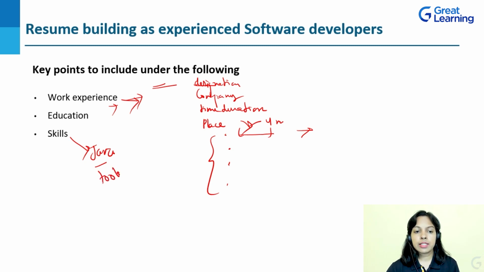If you are writing some tools in the skill section, for example, that you know Unity 3D, and in the experience, even though you have not worked on Unity 3D in any company, you can mention that you have worked as a freelancer, right?